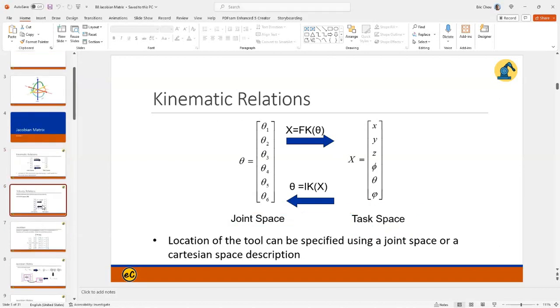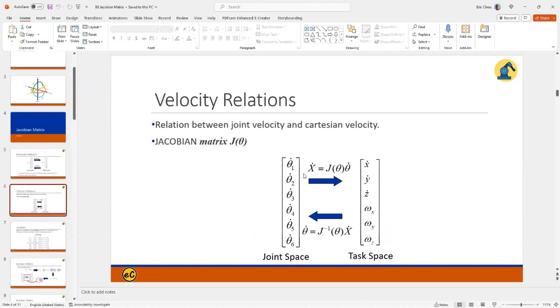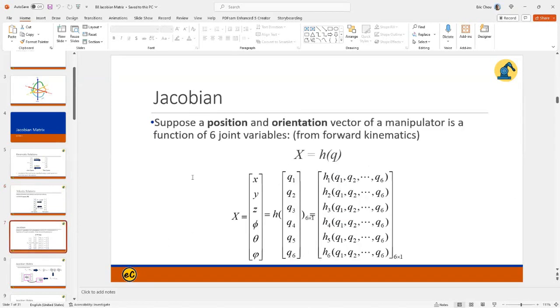We set up a matrix, that's what we call the Jacobian matrix. You take the derivative, and J to the minus one is the inverse Jacobian matrix. Then you have the original relationship: Q1, Q2, Q3, Q4, Q5, Q6.